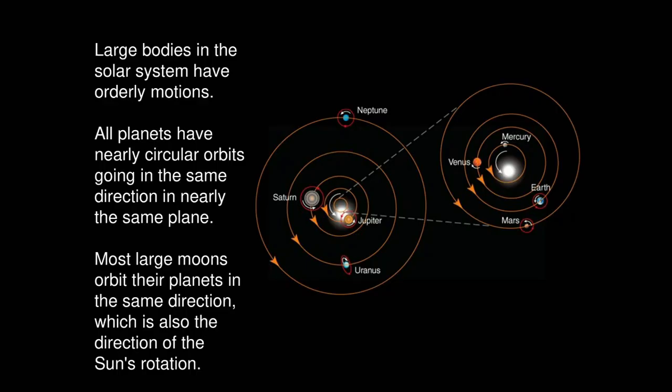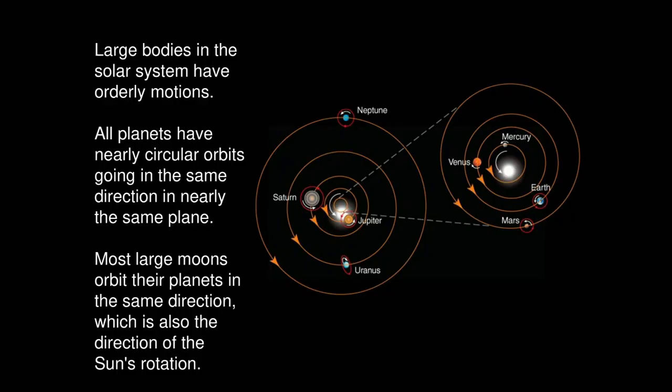And then all of their rotations, except for one, are also counterclockwise. So all of the planets spin on their axis in a counterclockwise way when looking from above, and they all orbit the sun counterclockwise. The sun also spins on its axis, and it spins counterclockwise as well.